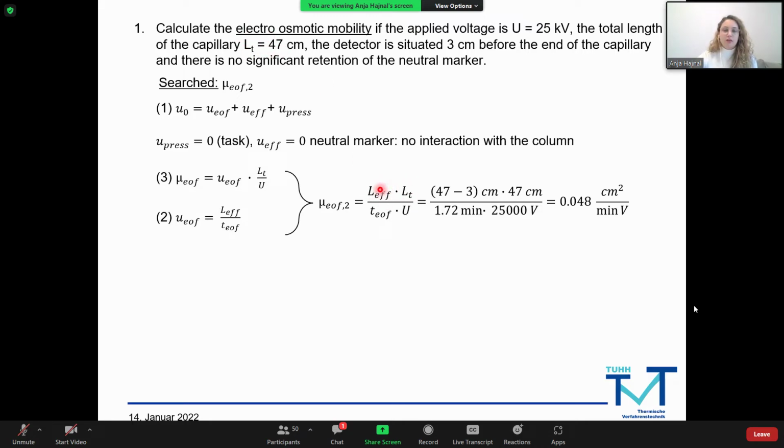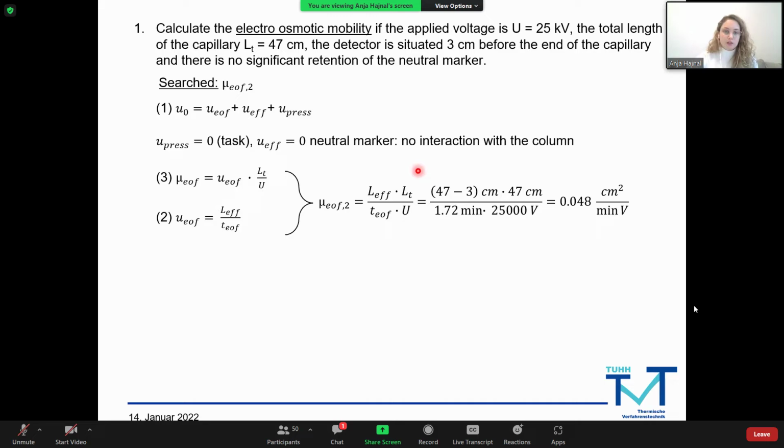We have the effective length of the capillary, which is the difference between the total length and this, because our detector is actually before the end of the capillary, so this is where our components are detected.